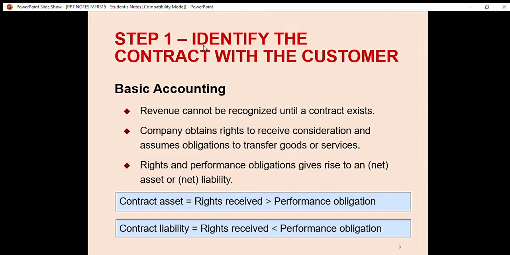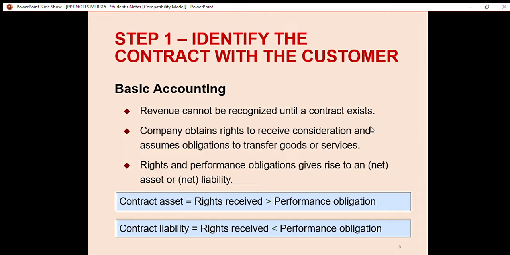Basically, the revenue cannot be recognized until a contract exists. That's why identifying a contract is very important, because without a contract, you cannot recognize a revenue. Company obtains rights to receive consideration and assumes obligation to transfer goods or services.